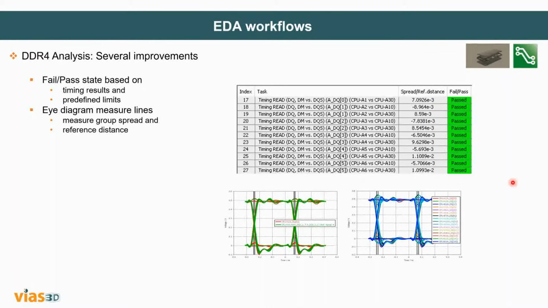What are the limits? And also, if you see in the eye diagram, now we can keep these measured lines. So the lines can be kept, and that can be used to measure the group spread and the reference distance, which was not possible in 2021, but it is now part of 2022.